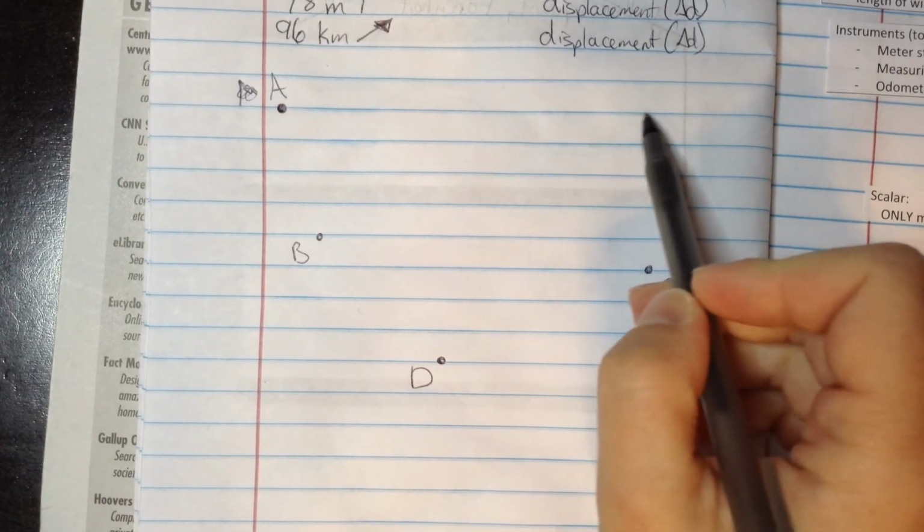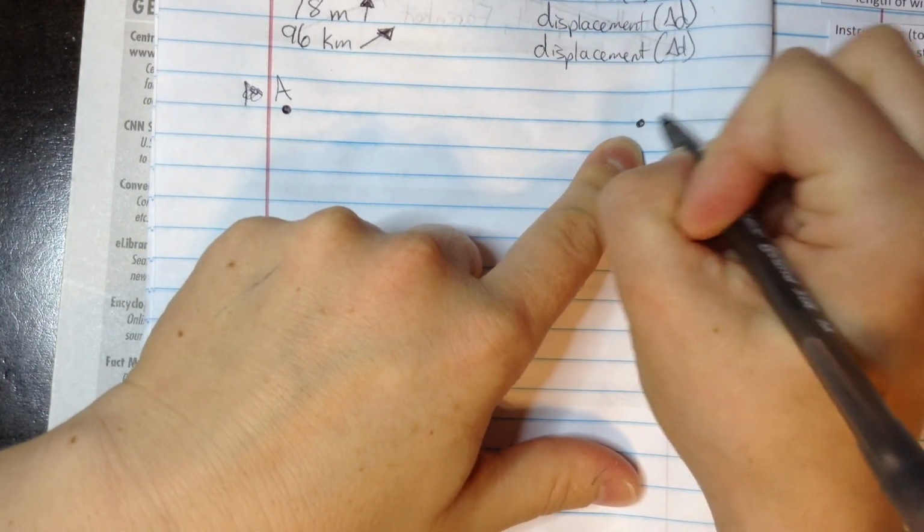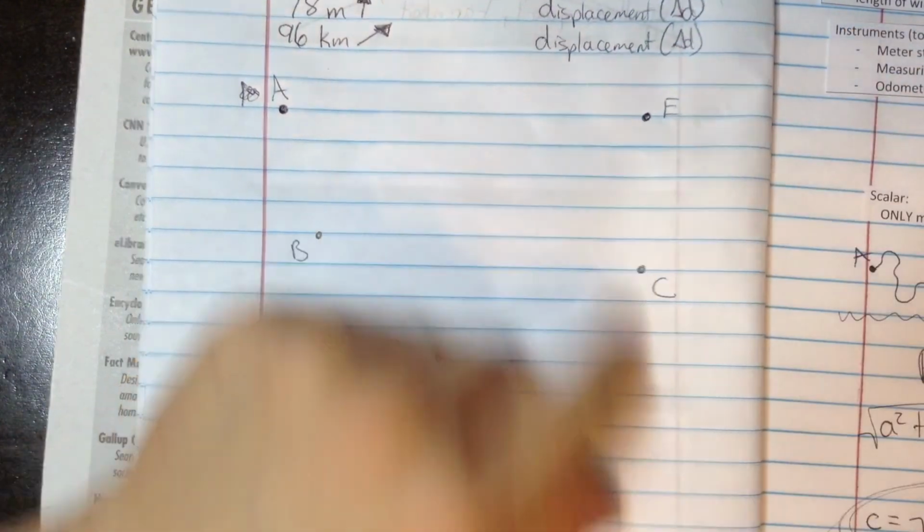Go all the way across. Over on the other side somewhere, draw a dot, label it E.